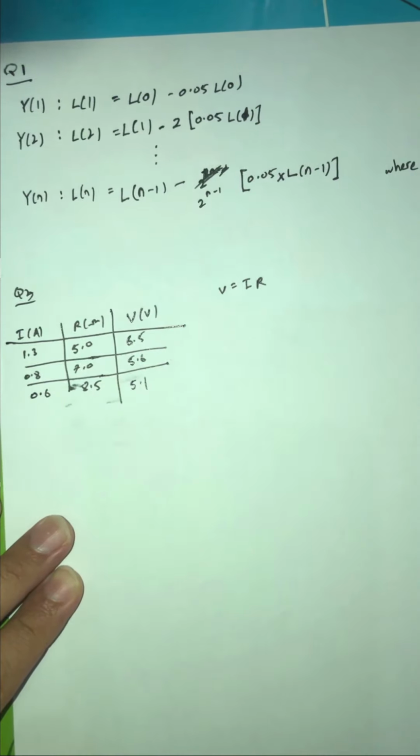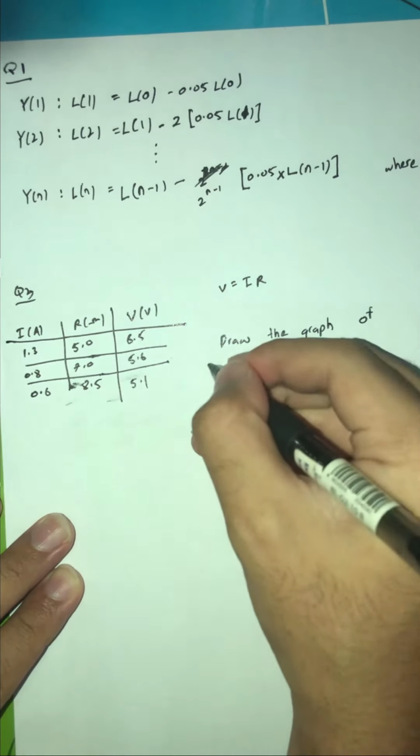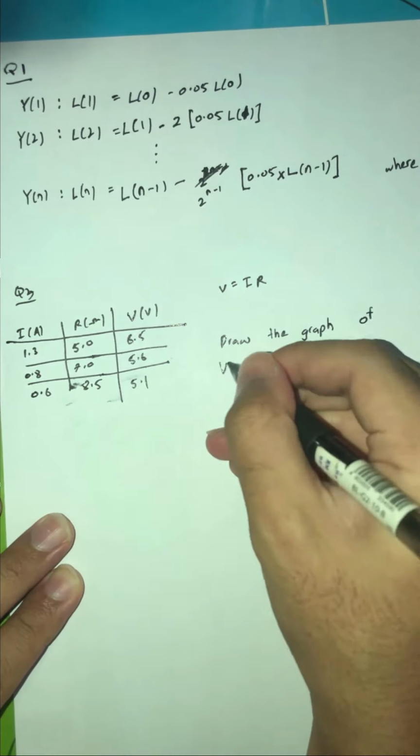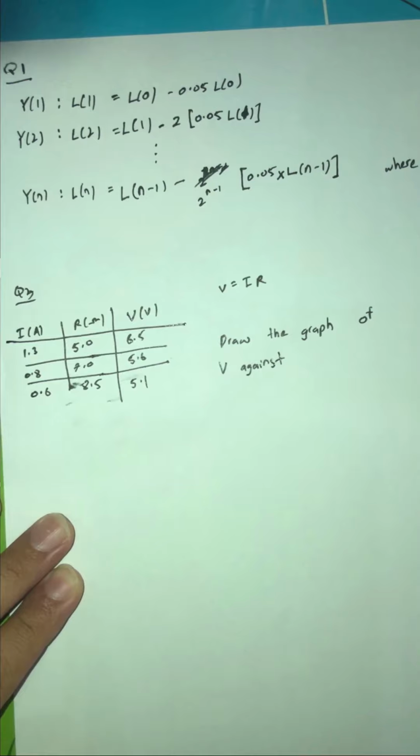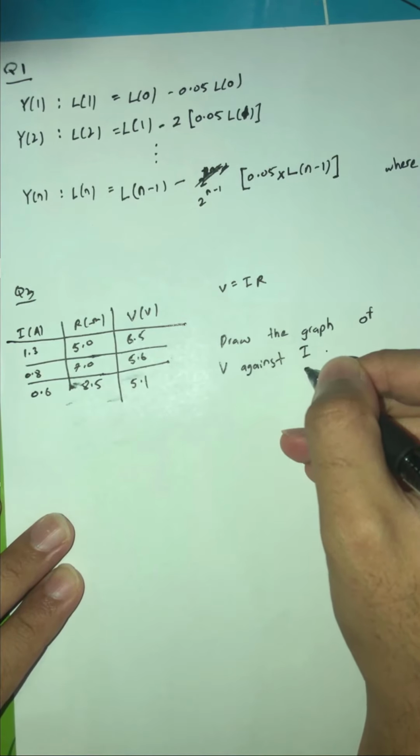Now the only thing you need to do is draw the graph of V against I. So V will be the y-axis, I will be the x-axis.